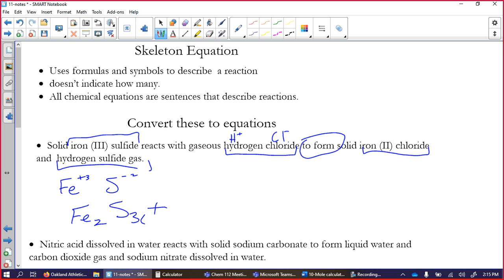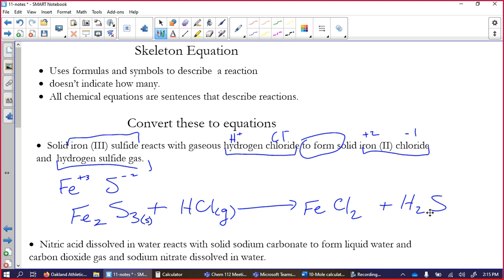Oh, technically we should put an S because it says solid. HCl, AQ, and gas are two different things. So there's my reactants. 2 form, arrow, solid, iron, plus 2, chloride, minus 1, and hydrogen sulfide gas. So this is, we call it a skeleton.